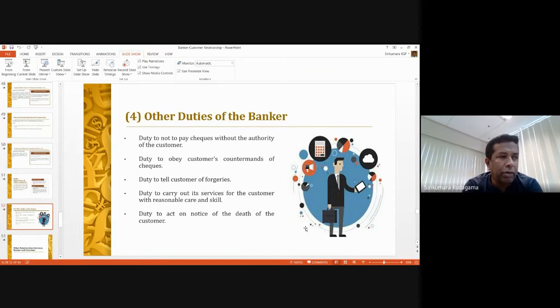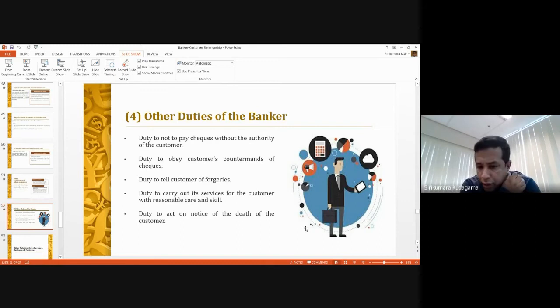They immediately inform the central bank: look, we have come across this kind of forgery, we are going into it and we'll investigate and inform you. That's a good practice, and it helps them get out of unnecessary trouble and unnecessary questioning from the regulator, because they have informed the regulator beforehand, right?